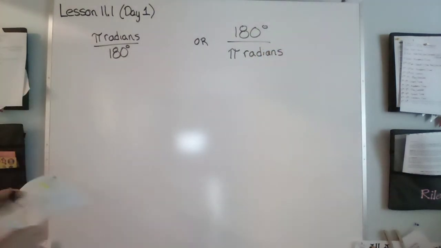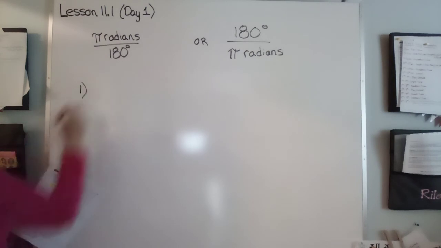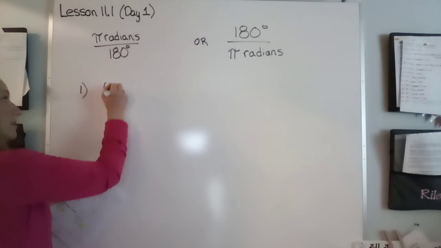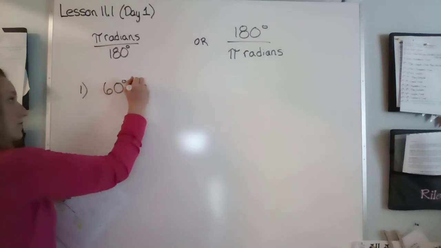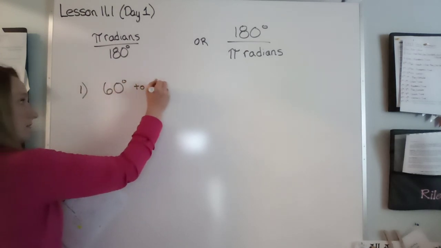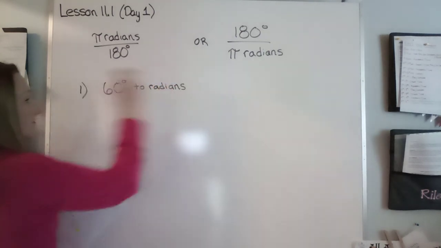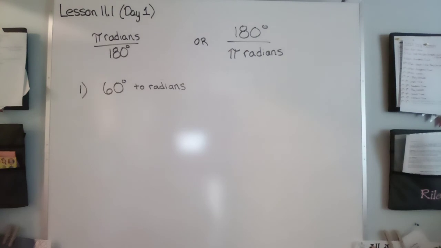Okay, so for the examples given in your notes, example 1 wants us to convert 60 degrees to radians. So you just have to multiply by one of the conversion factors. Now, you might start thinking about science class when you convert units. You always want the units to be diagonal from each other, one numerator, one denominator, so that the units can cancel.